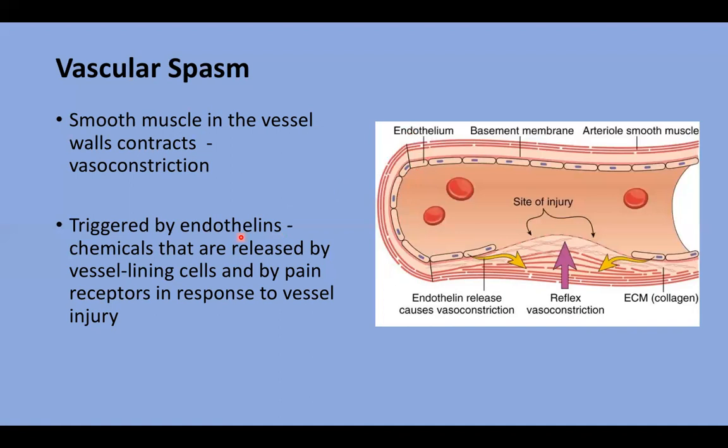This chemical is released by the endothelial or vessel lining cells, and also by pain receptors in the vessel itself. And it's going to trigger the constriction or the vascular spasm at the particular site of injury.